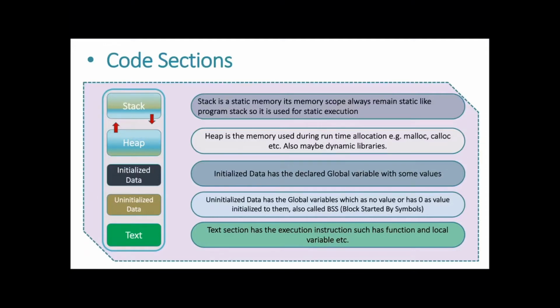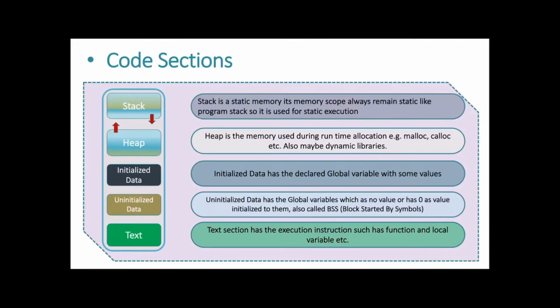Then we have uninitialized data, which stores the global variables which are assigned no values or are assigned 0, also called block started by symbol because they don't have any value to represent them. And then we have initialized data, where the global variables assigned with some values go. And then we have heap and stack.